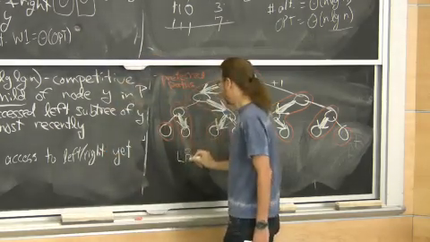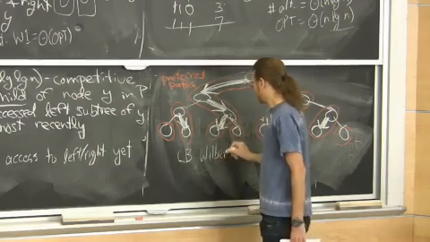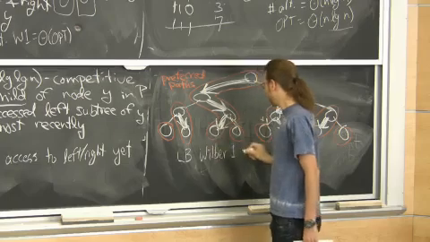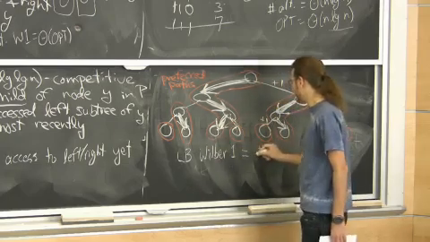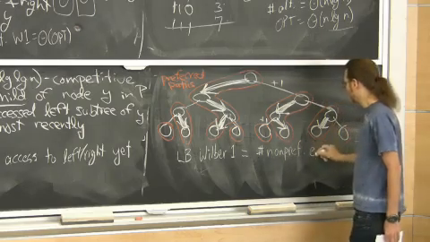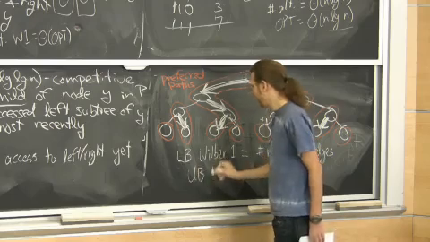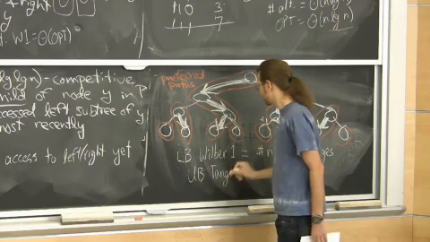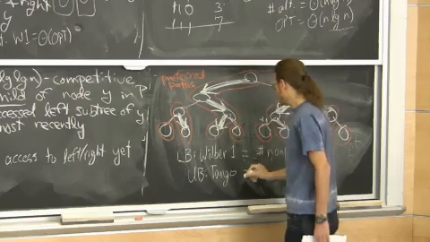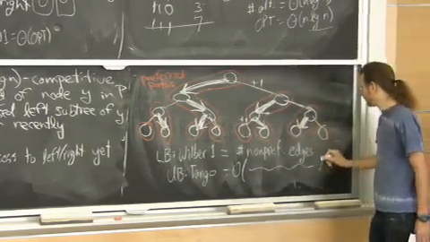So we get a lower bound of Wilber 1, which is going to be equal to the number of non-preferred edges. And we're going to get an upper bound through tango trees, which is going to be order number of non-preferred edges times log n.